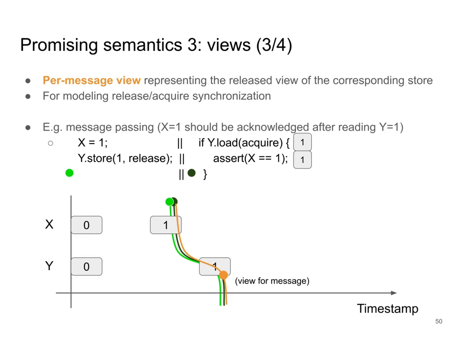And effectively, the knowledge that x equals 1 is written in this message, that knowledge is transferred from this to this, from left to right. So this assertion should succeed. So that is basically the idea for modeling this synchronization with views.